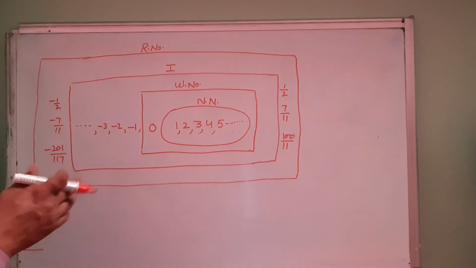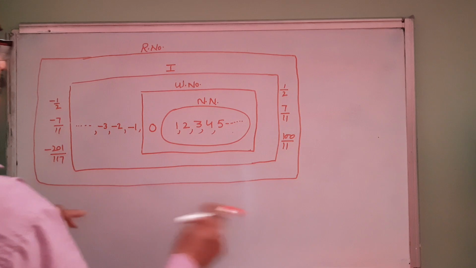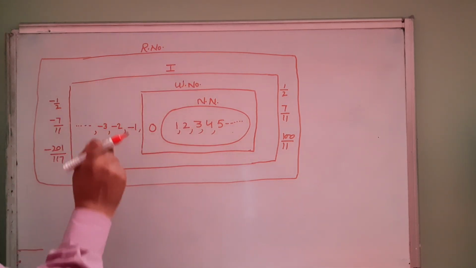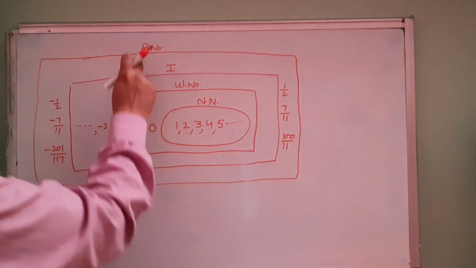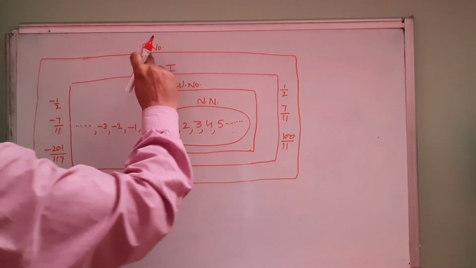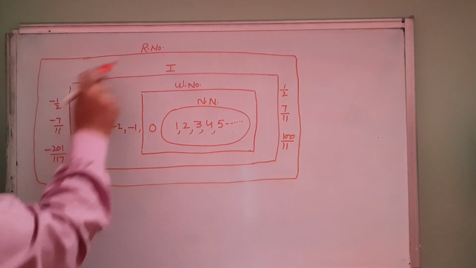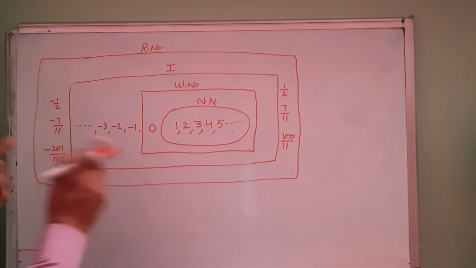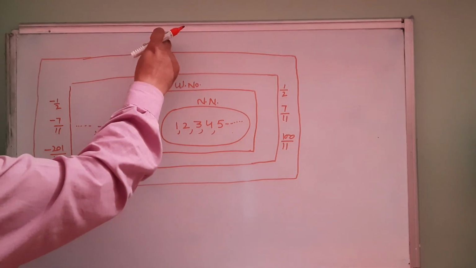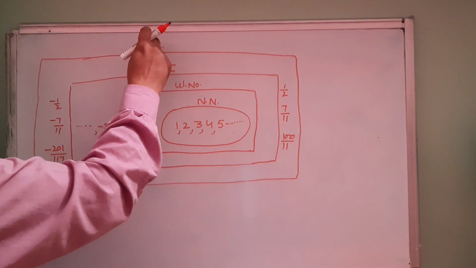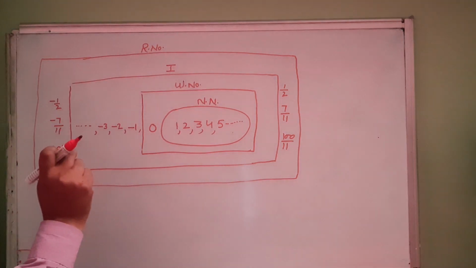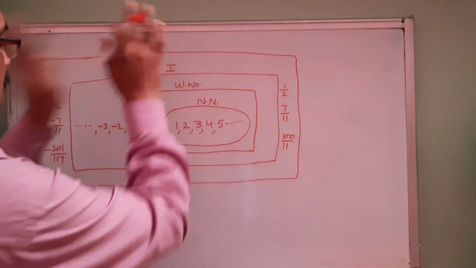So there is a big box which is containing integers, whole numbers, natural numbers. This big box is named as rational numbers, means all the numbers in this big box are rational numbers, right? So very easy to understand. Rational numbers include integers, whole numbers, and natural numbers. So all these numbers are rational numbers.